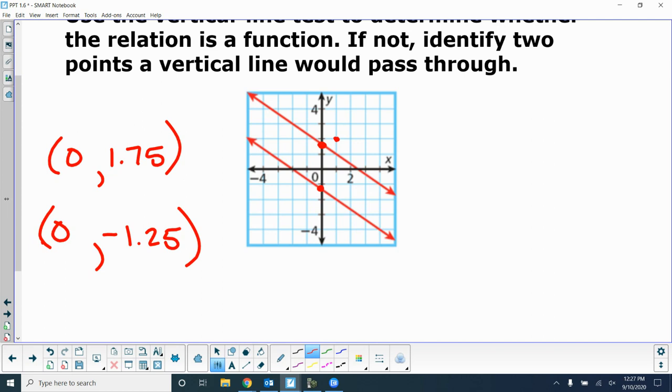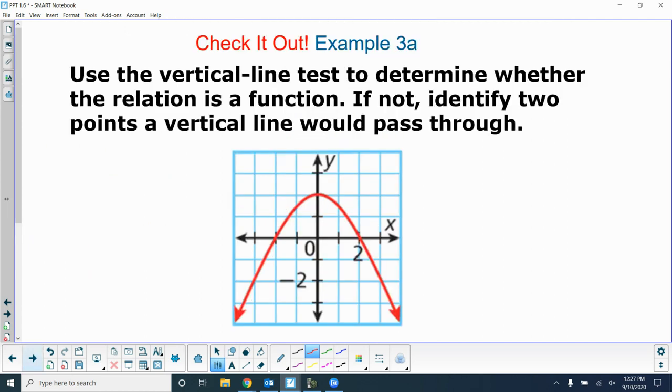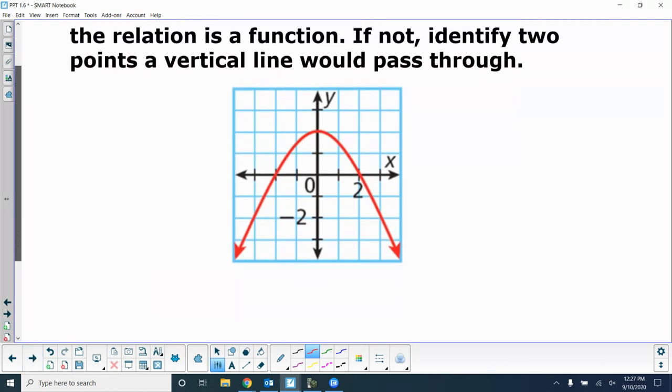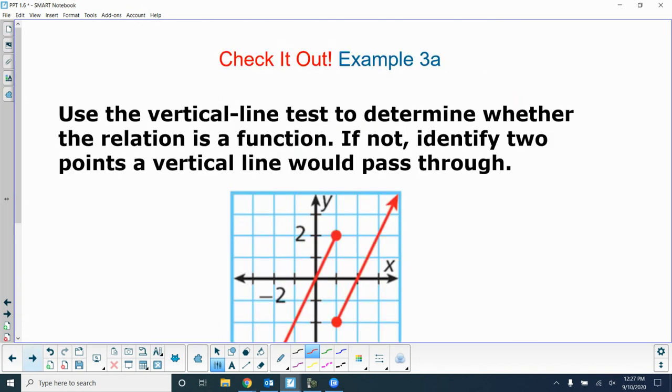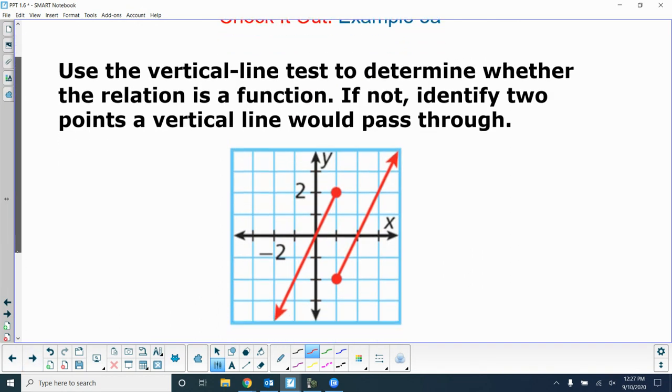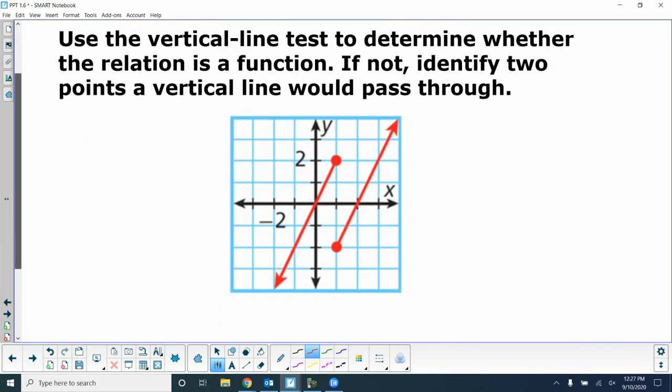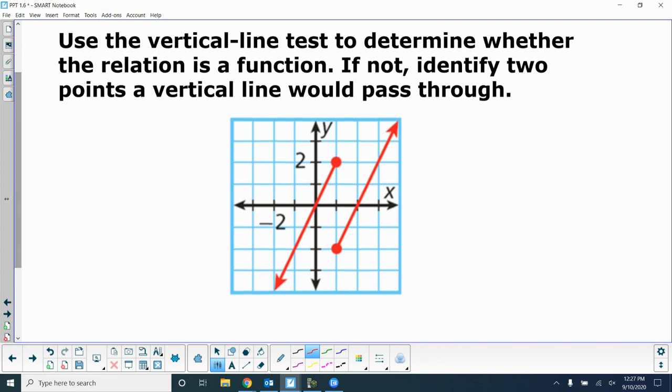Derek, is that a function? Yes. Good. Joey, is that a function? No. Why not?